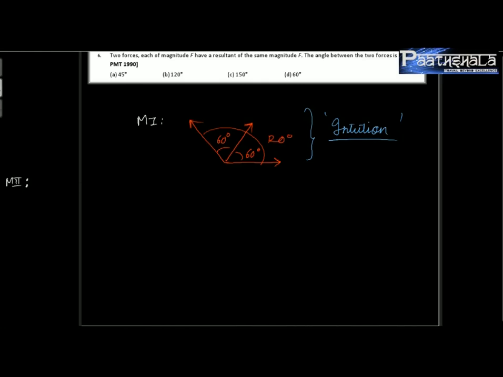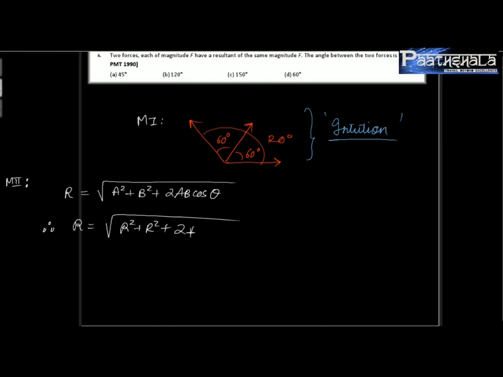So method 2 is: the resultant R is given as, again we use the formula we have previously used, square root of A square plus B square plus 2AB cos theta. Therefore here R, A and B are all same in magnitude, so R is equal to under root R square plus R square plus 2R square cos theta.